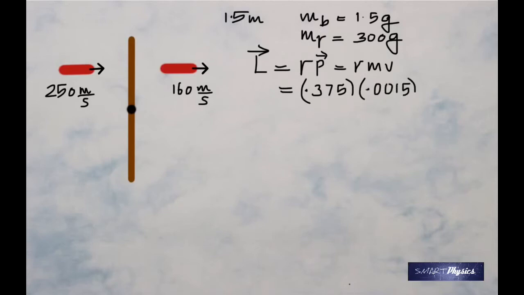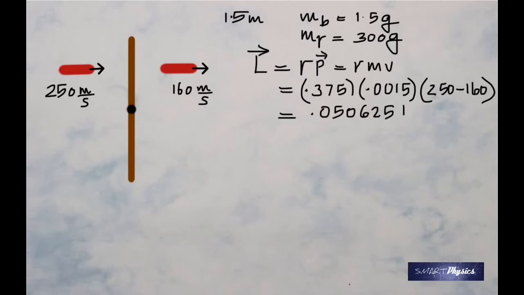So what I've done here is I've multiplied the radius in meters with the mass in kilograms, and I've taken the difference between the velocities, which gives the angular momentum imparted to the stick, which comes out to be 0.050625, and the unit is kilogram meter squared per second.